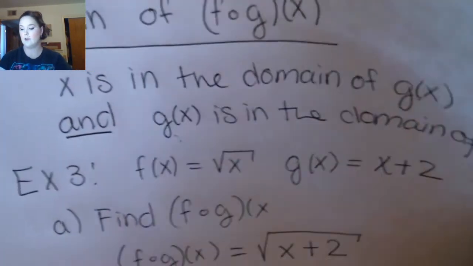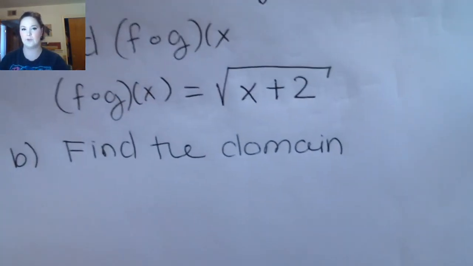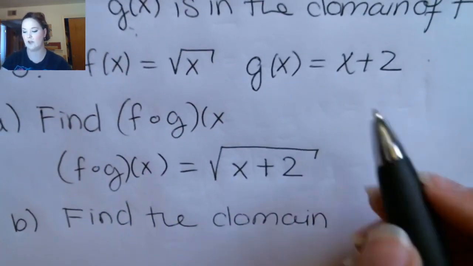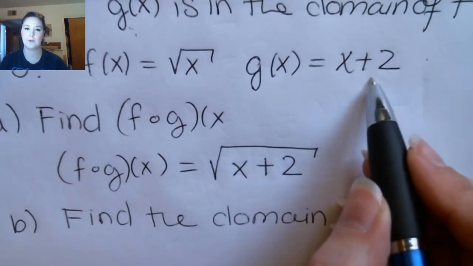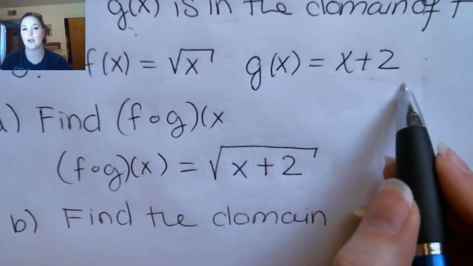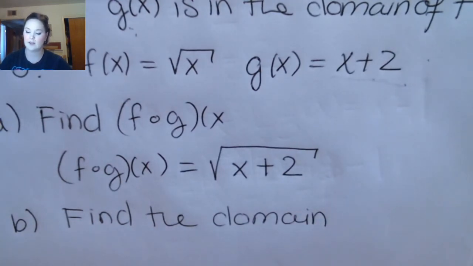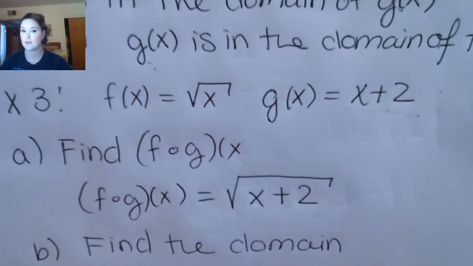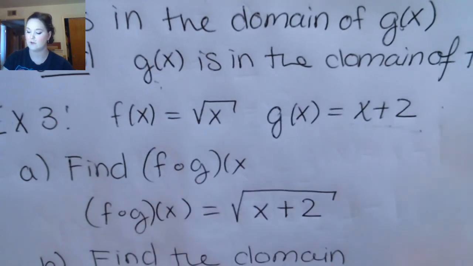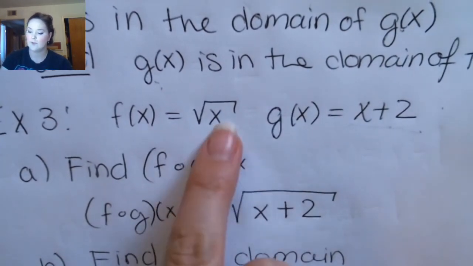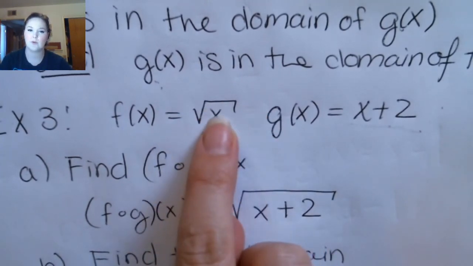Now we're going to follow the two steps. So the first thing we want is to be able to plug the x into the function g of x. Well, that doesn't create any restrictions because you're allowed to plug anything into g of x. Then the second thing is you want to be able to plug your answer into f of x. So we want our answer, which would be x plus 2, well, what are you restricting with the square root function?